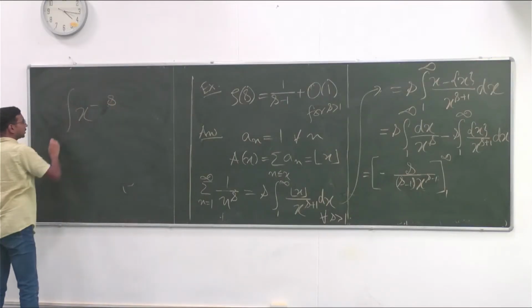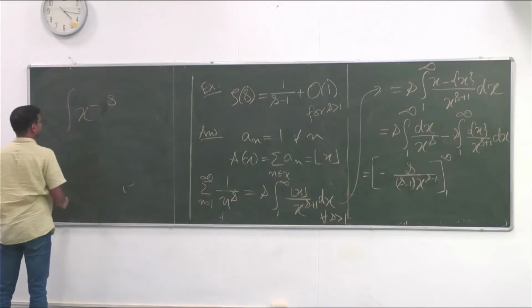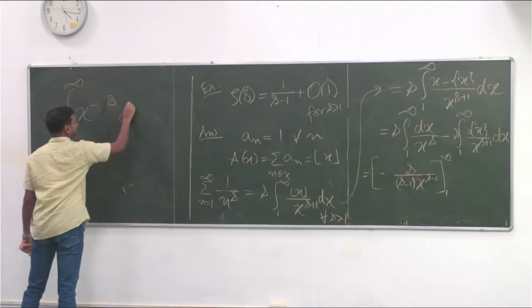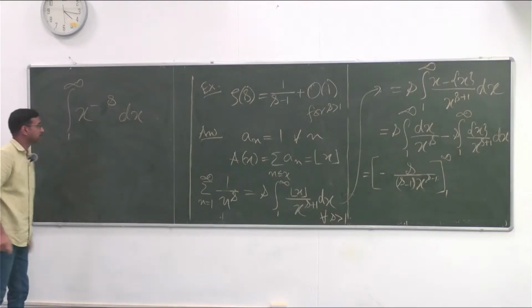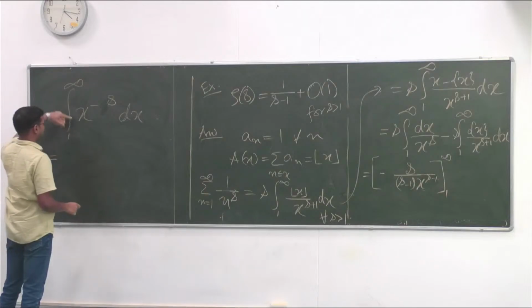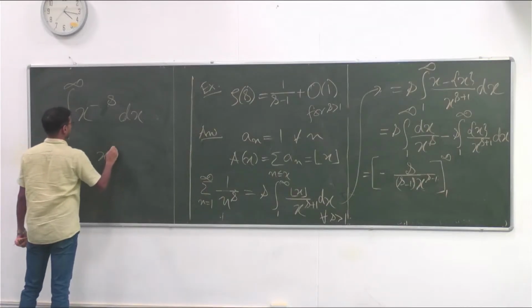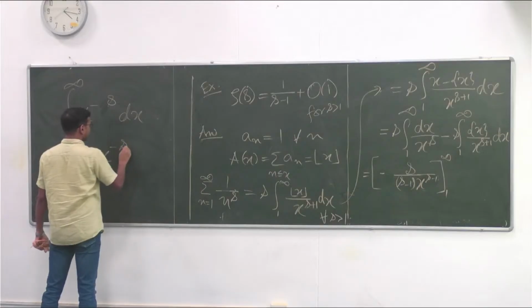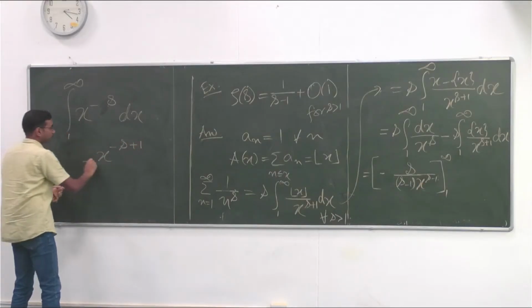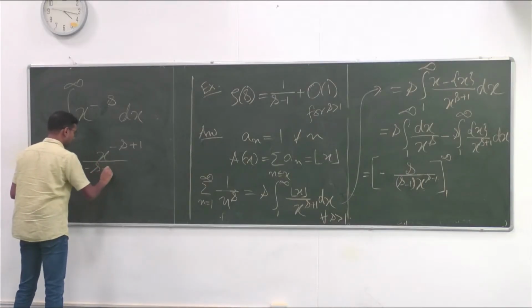And we are integrating it from 1 to infinity dx. This should be coming from x power minus s plus 1, and then at the bottom, minus s plus 1.